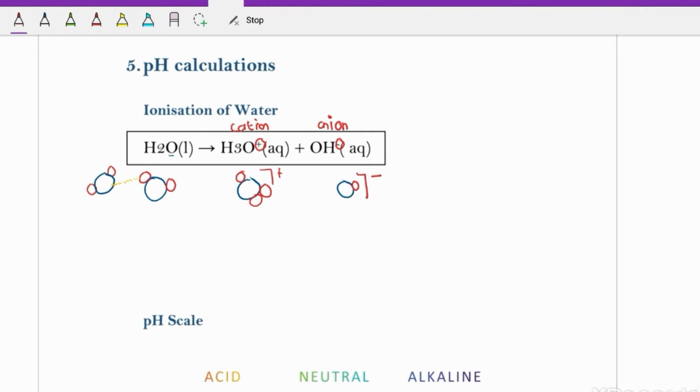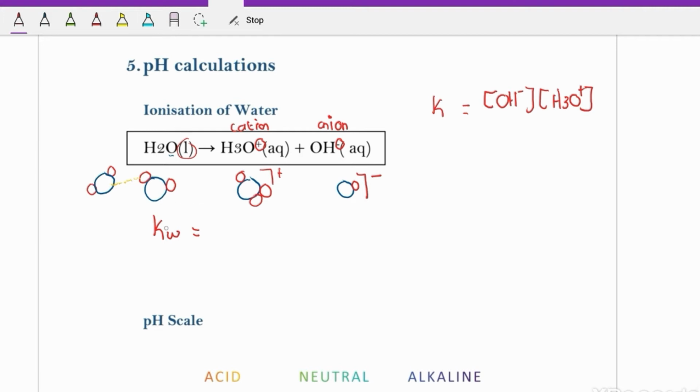So now we have a dissociation, or in this case an ionization constant, which we define as Kw. Now if you remember the expressions that we did in the previous video, to get a K expression you take the concentration of the products, if it's aqueous or gaseous, over the concentration of the reactants. But in this case the reactant is liquid, so we're not going to include it in our equation.